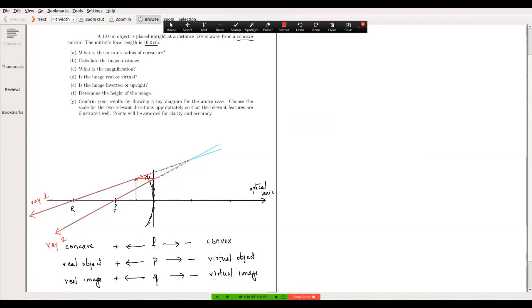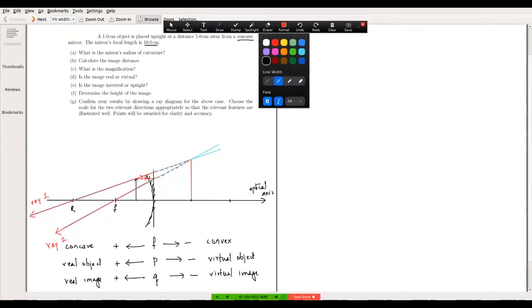And wherever they meet, that's where the image is formed. And that will be here. So that's the image.